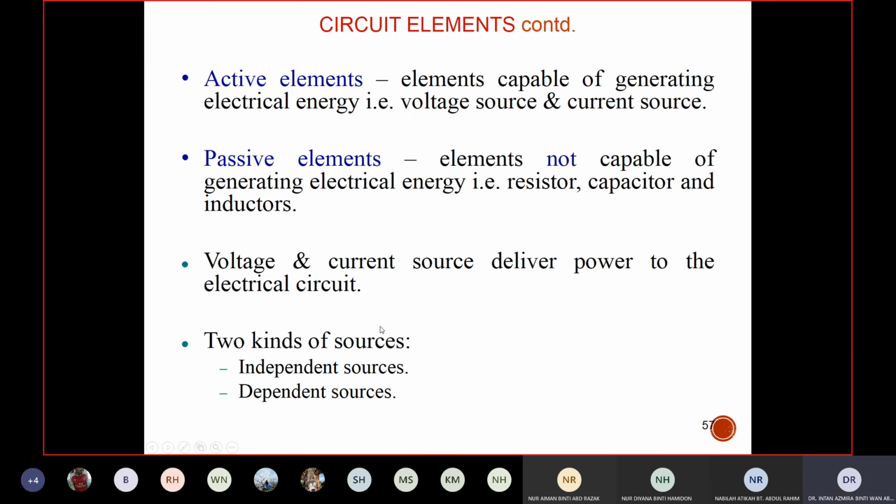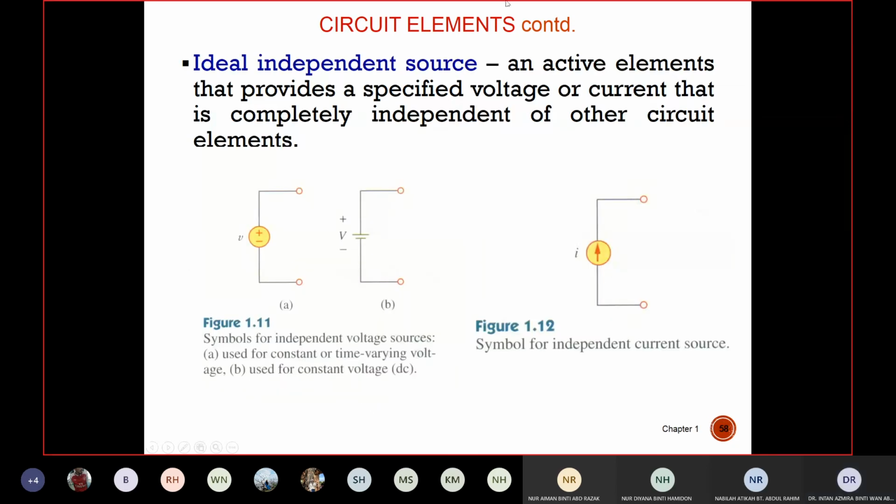And we have two kinds of sources, which are independent and dependent sources. The ideal independent source is an active element, it must be active because it supplies voltage or current.